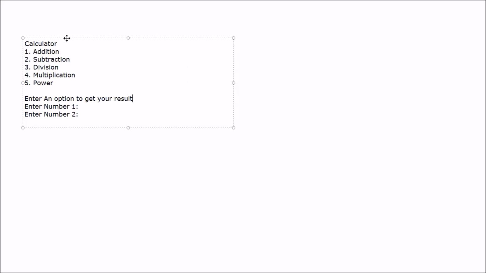I suppose I have pressed 1, so it will go to addition, and in addition it's going to ask you for numbers, and after that it shows the sum of the numbers. So if I press 3, division, it will go to division, it will ask for two numbers, and it gives you the quotient, the result of it, and same like this.